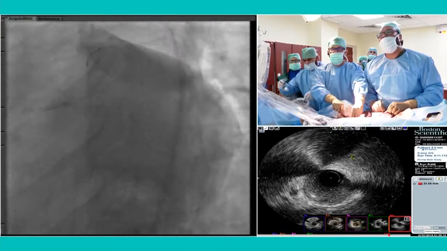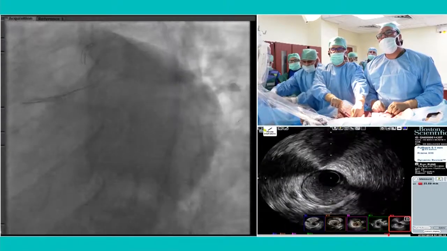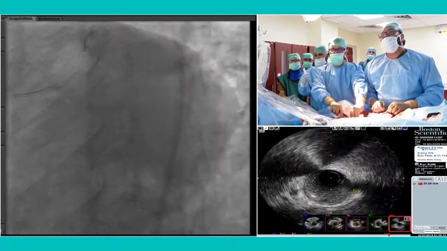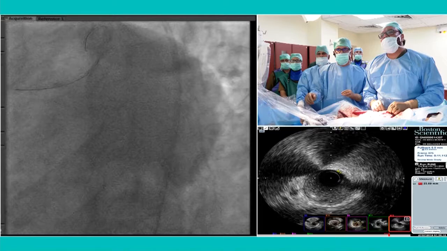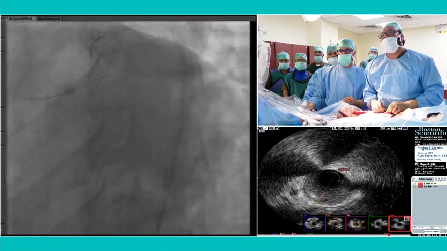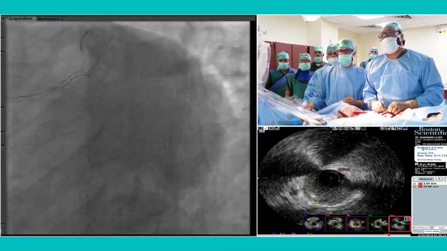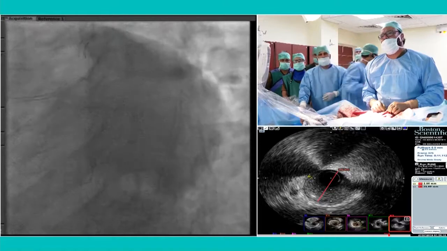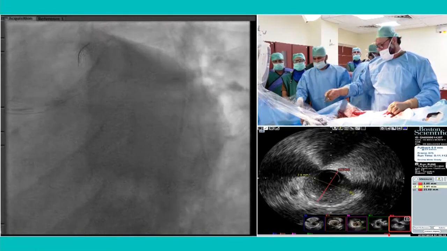I have one more doubt, Dr. Sandhu. Why did you not do a pre-dilatation of the circumflex ostium before doing all these maneuvers in the LMCA to LAD stent? Because there's not significant disease there. There is a significant disease, no doubt about it, even angiographically significant disease.